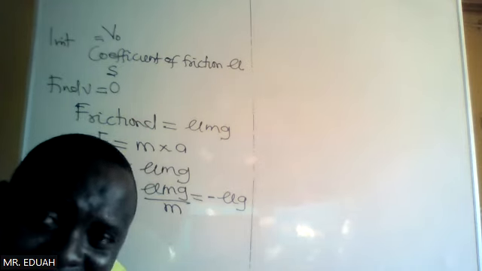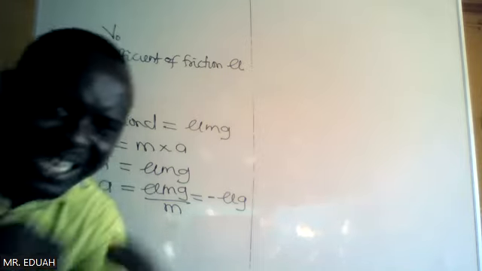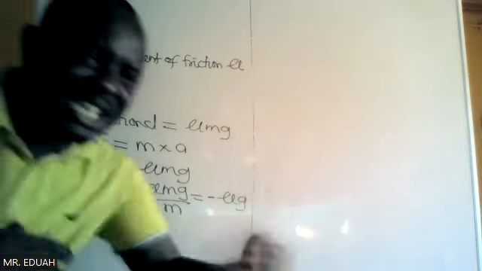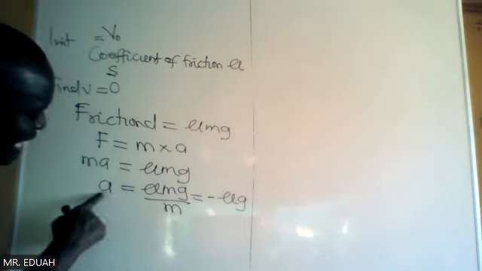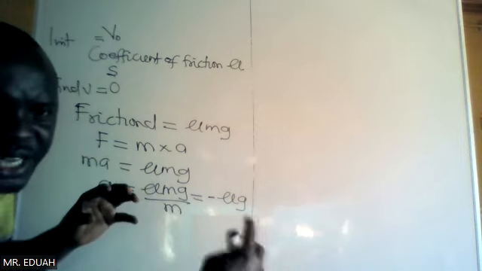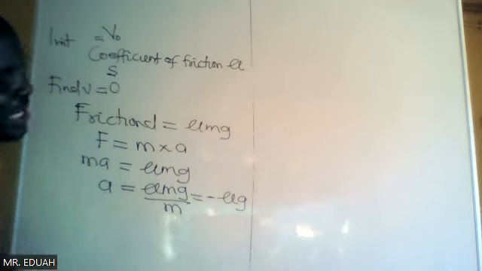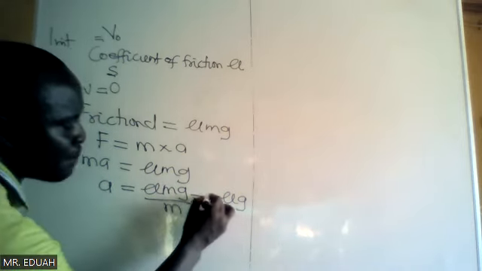Zero. So the velocity is dropping. When you have a larger velocity and it is decreasing, it's a deceleration. So this a is a minus because the motion was decelerating due to friction. Friction opposed the motion till its final velocity dropped to zero. And so this must be minus.